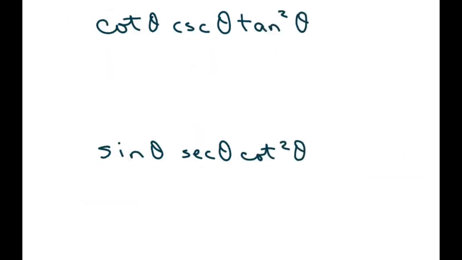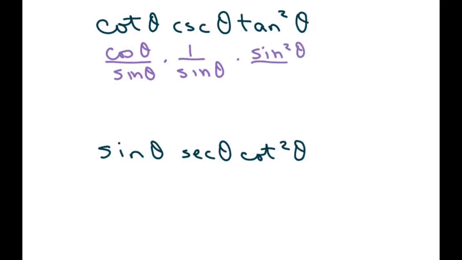And this one, I'm going to write everything in terms of sine and cosine. So this is going to be cosine of theta over sine of theta, and this is 1 over sine of theta, and this one is sine squared over cosine squared.